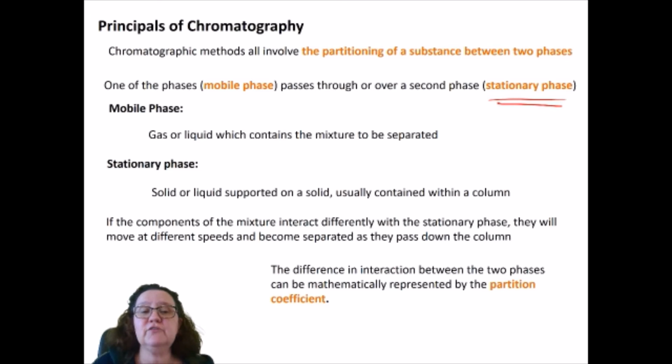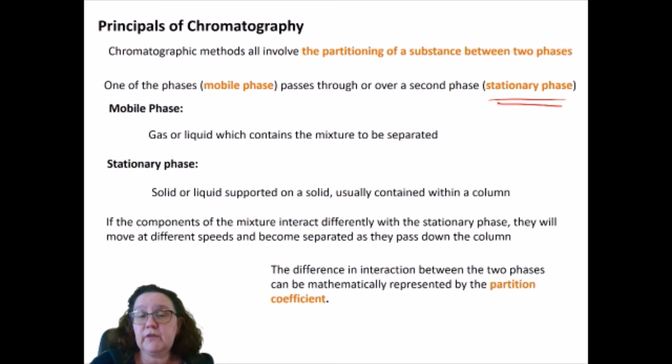And the stationary phase can be a solid, or a liquid supported on a solid, contained in a column. The way the stationary phase is packaged depends on the type of chromatography. But you have the mobile phase and the stationary phase.